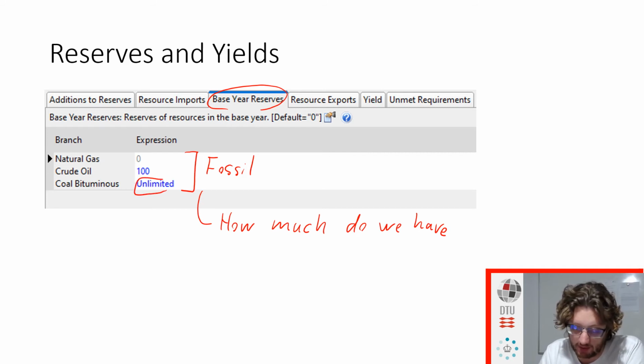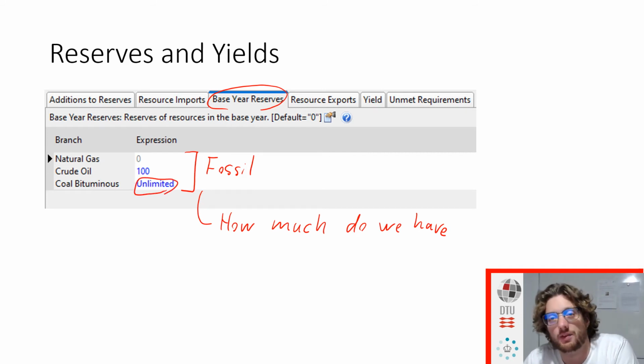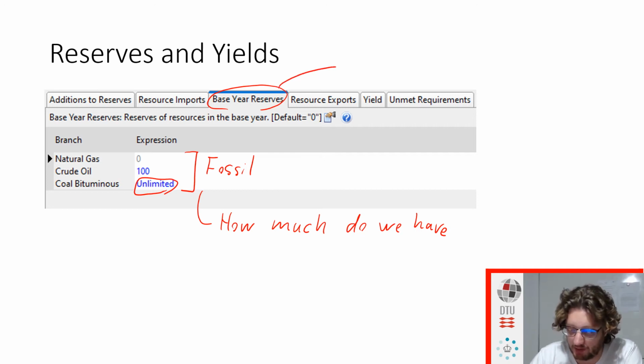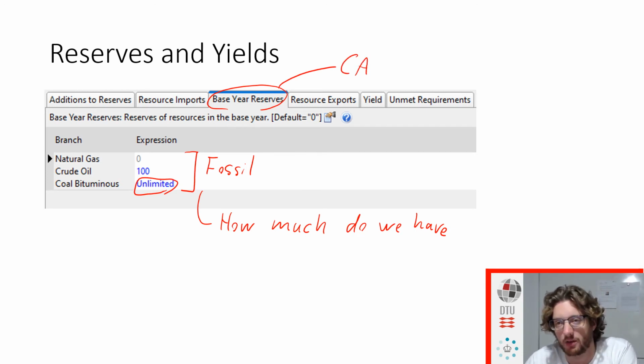We can also set that to unlimited if we don't have a good answer and we just want to see how a system will react without a certain fuel limitation. So that's quite easy. And base year reserves is, of course, because it's base year, only in the current account scenario.